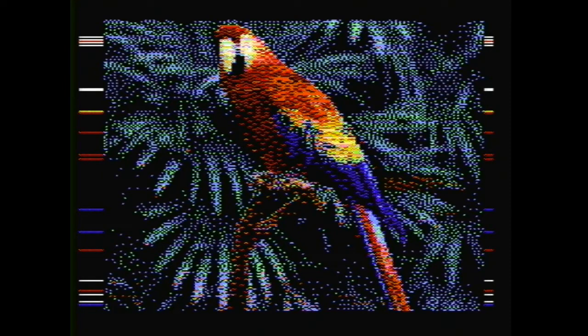I wish I had a few more other pictures to show. Unfortunately, Mike has some other pictures, but they only work for PAL machines. But this, to me, is absolutely incredible.